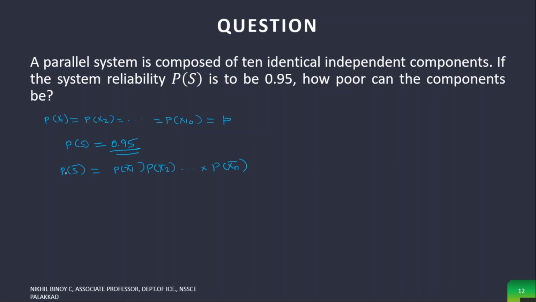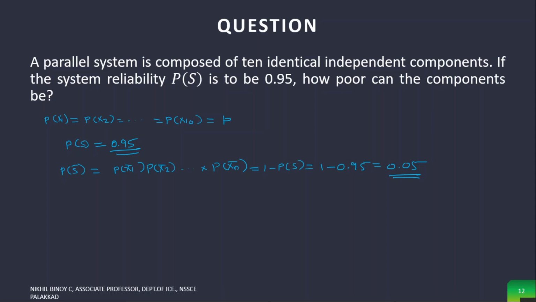And what is the relation between probability of failure and probability of survival? P of S bar is equal to 1 minus P of S, that is equal to 1 minus 0.95 equal to 0.05. P of S bar is equal to 0.05.